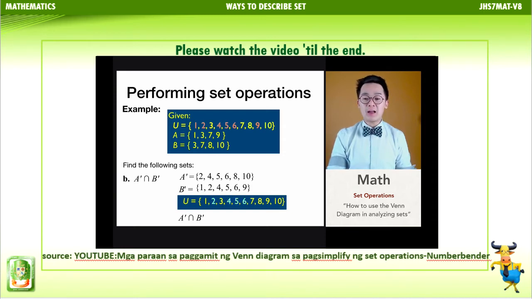So, yan yung mga distinct numbers na meron sa A complement at saka sa B complement. At yun yung kukunin nating intersection ng A complement intersection ng B complement, which is 2, 4, 5, and 6. So, yan yung pagkuha or paggamit ng mga iba't ibang operations sa isang subset given the union set at saka ng Venn diagram.